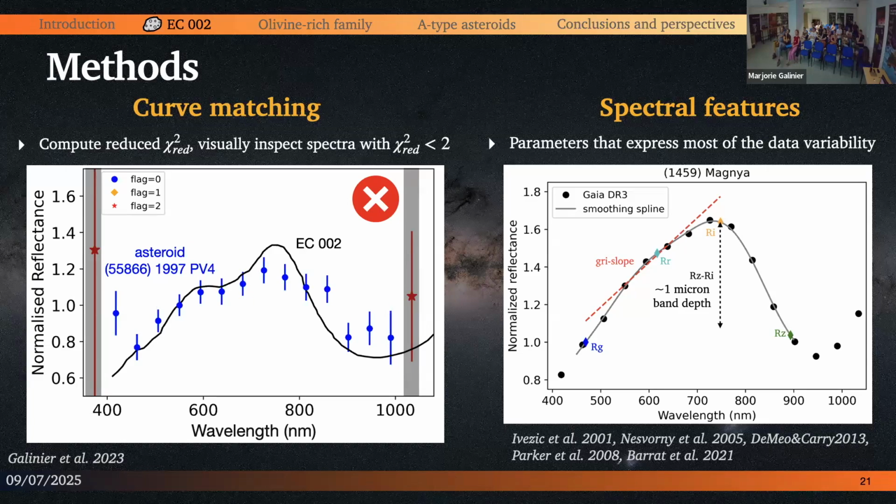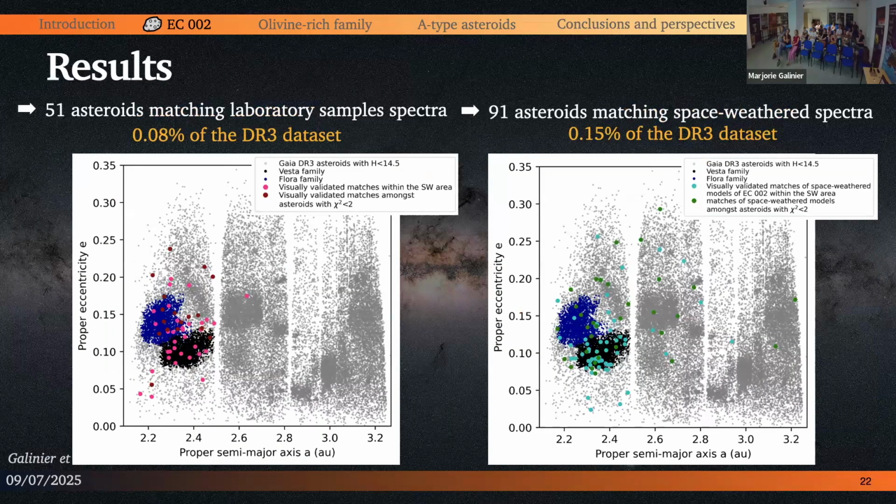We studied all of these parameters for the whole Gaia DR3 dataset, and we found that 51 asteroids match the meteorite without space weathering, and 91 with space weathering. All of these objects are located mostly in the inner main belt, close to the Flora and Vesta families. So these objects are all potential matches, and we find about 0.23% of the DR3 dataset matching the meteorite, which is very little.